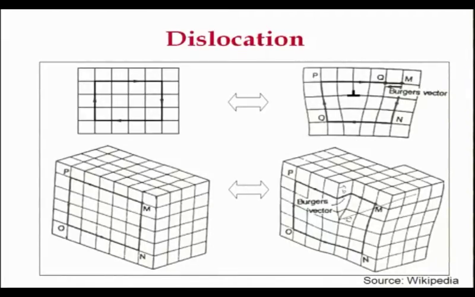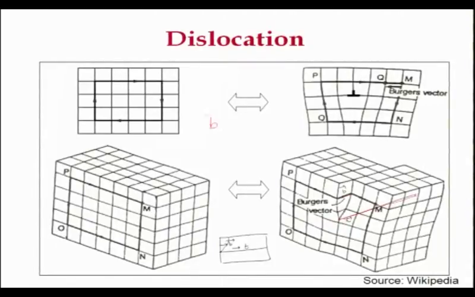B and T are now parallel to each other, whereas in the edge case B and T were perpendicular. If I draw the side view, this is the point of the dislocation line, this is T, and B will be in this direction as well. The sheared region is the step that you create, and the line you have, both are parallel to each other.